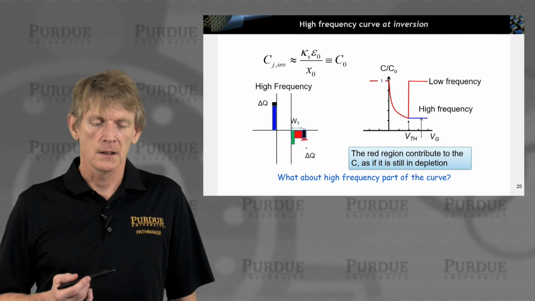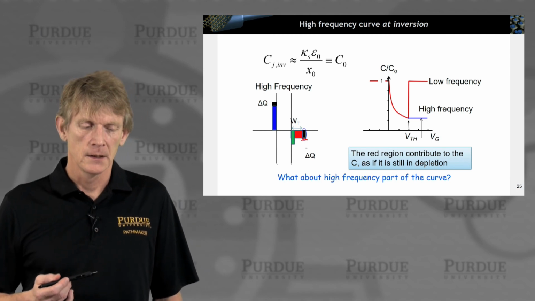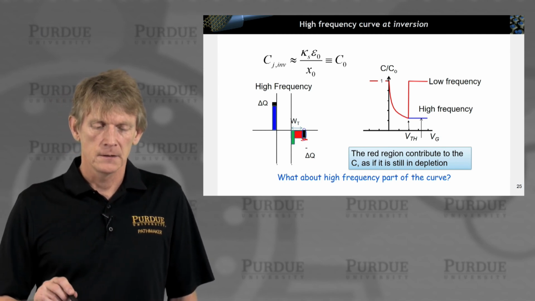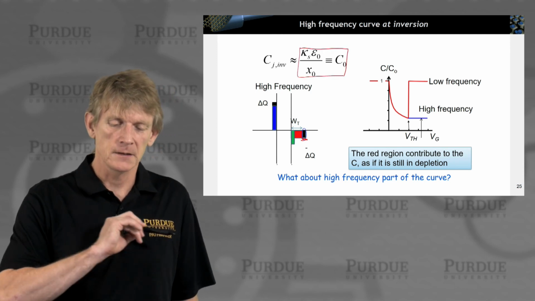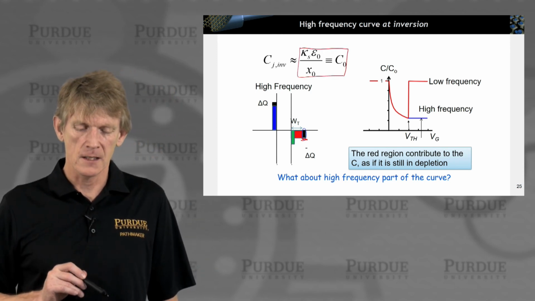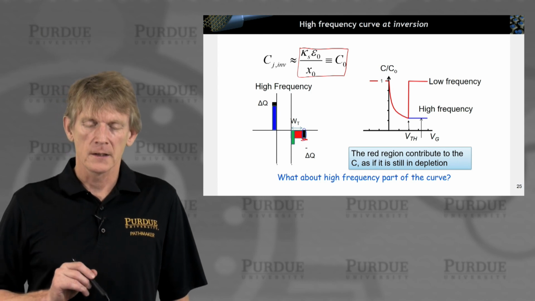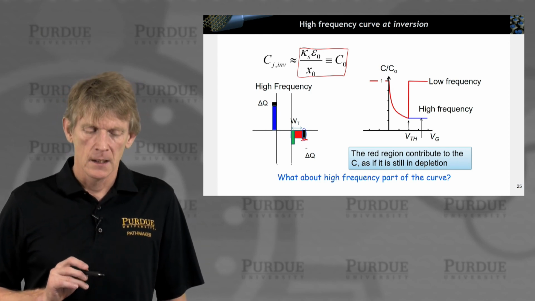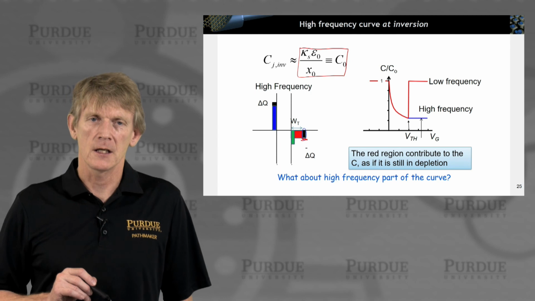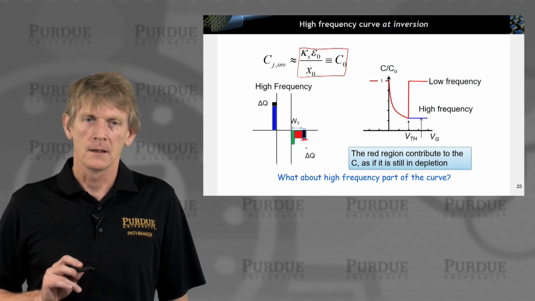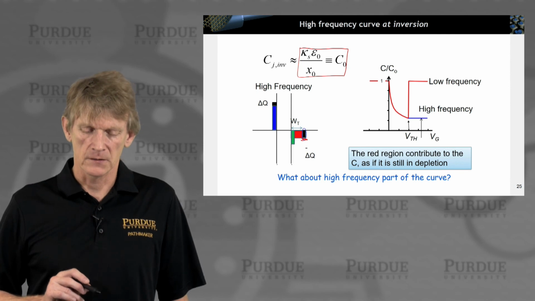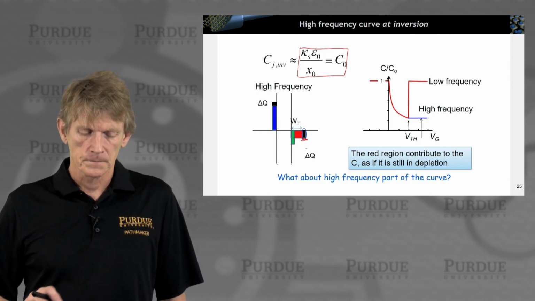And again, you can argue that you have an oxide capacitance like this. This didn't change. But now we're separating the additional differential charges in the semiconductor further away from the oxide junction of the semiconductor.